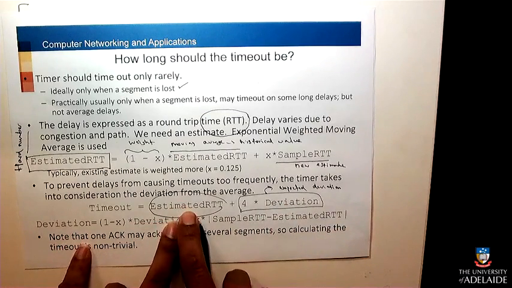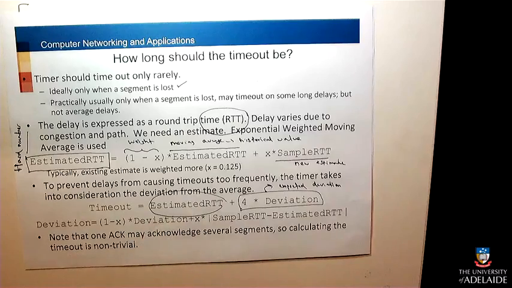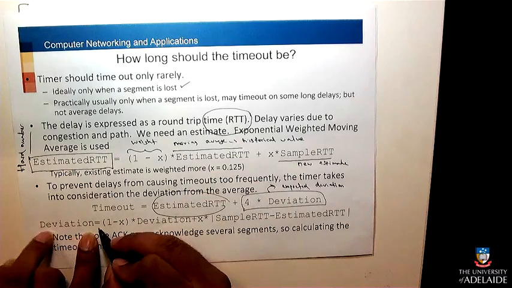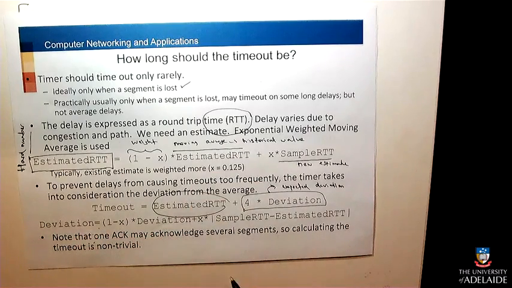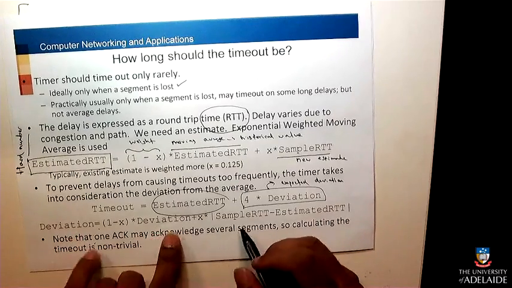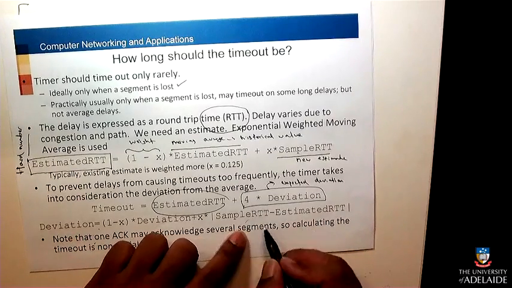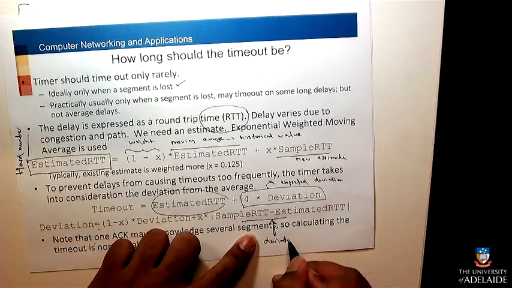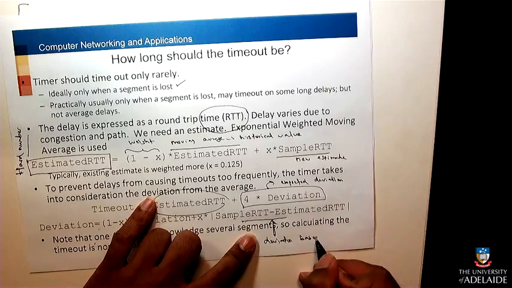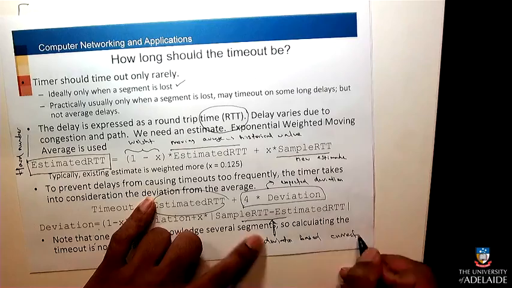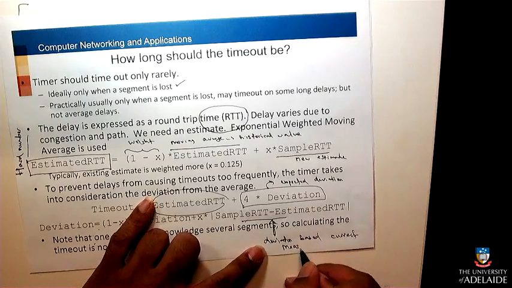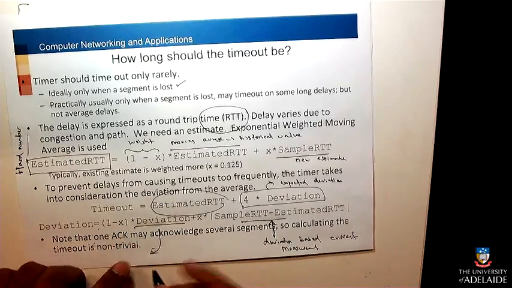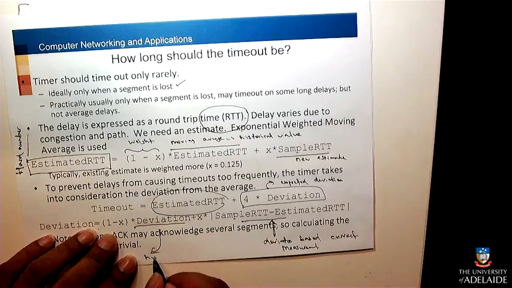of this estimated RTT, right? So the way it does that is to also create the deviation from the moving average, as a weighted, again, weighted average between the current, so this is the deviation based on the current measure, and this is, of course, your historical value, if you like.